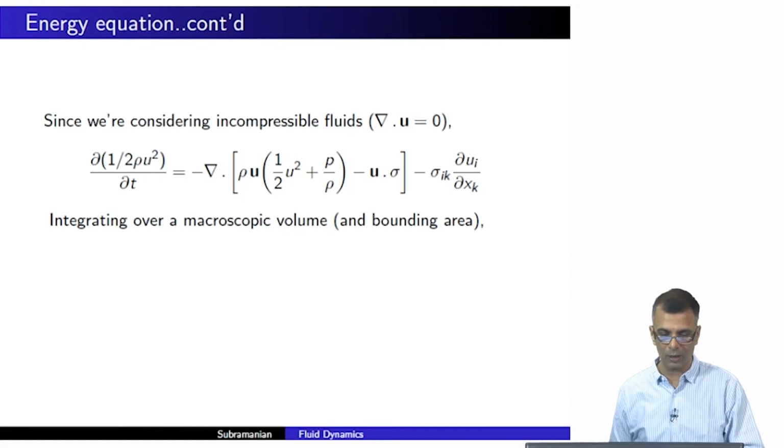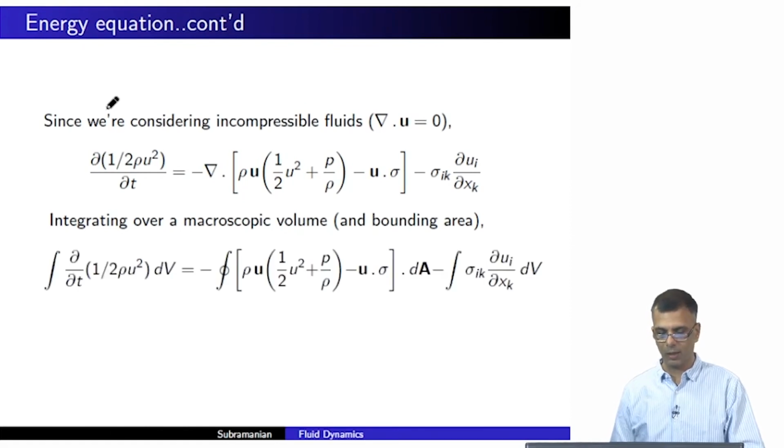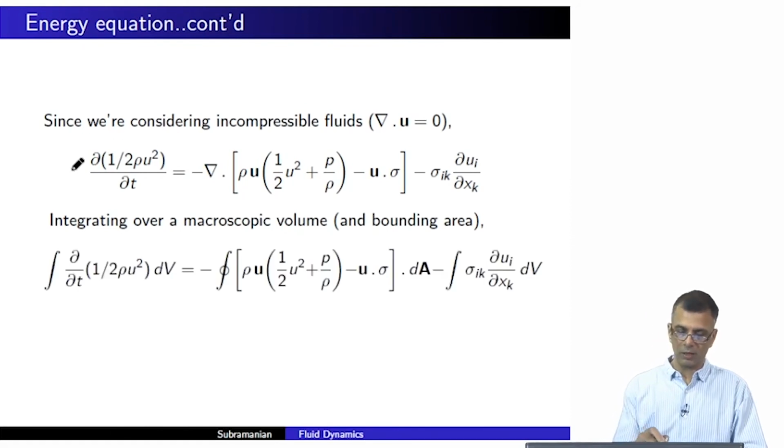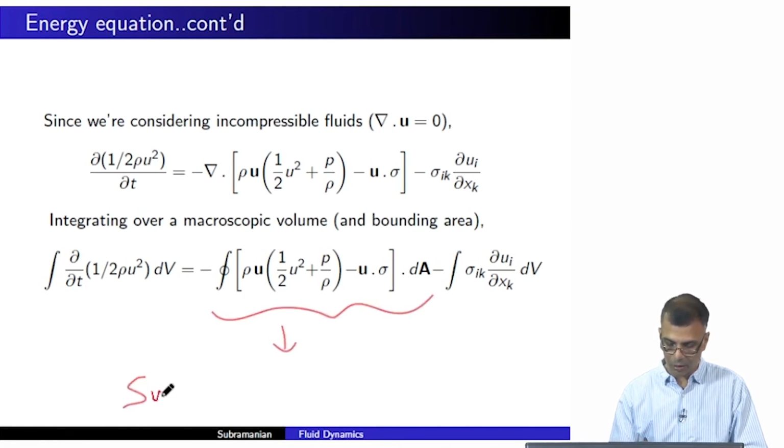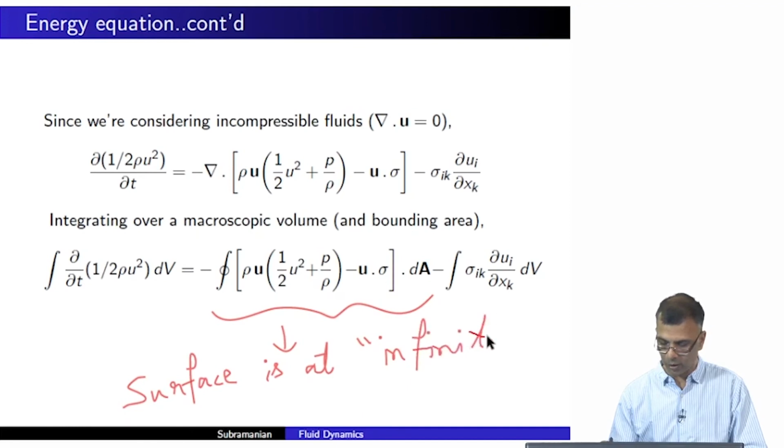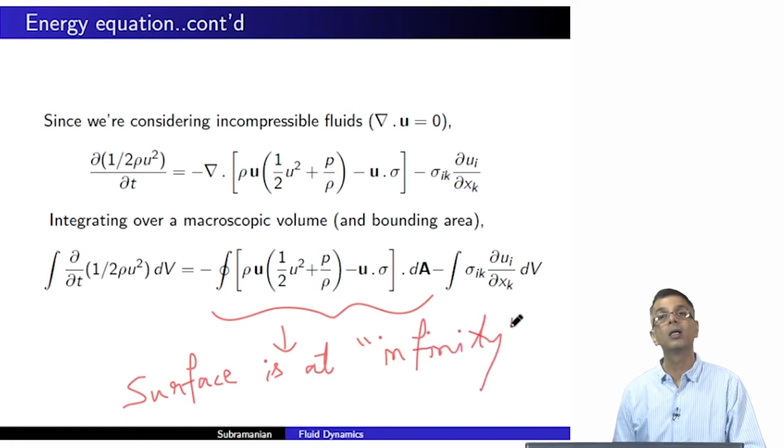So the integration is over the volume, and since this is the divergence, it becomes an integration over the surface area, except now the surface area is at infinity, and this is important.